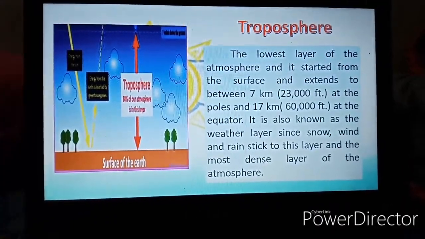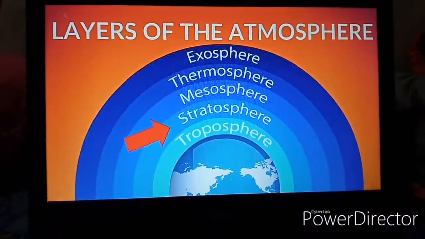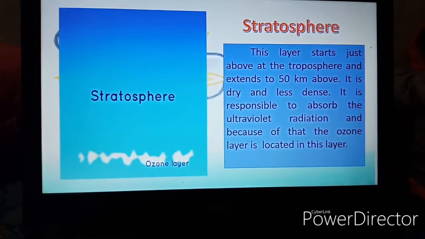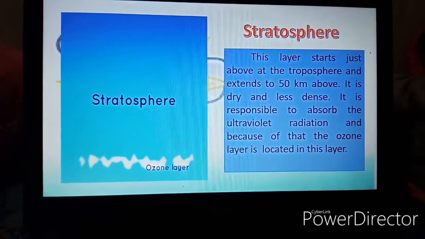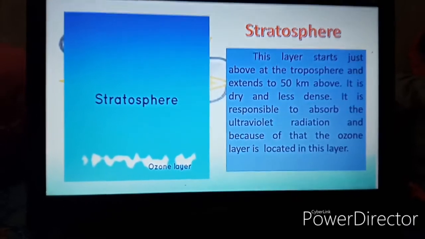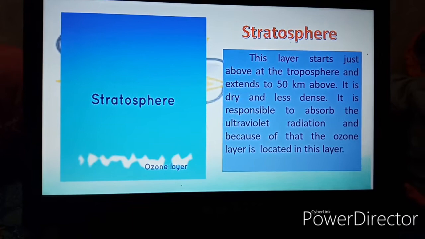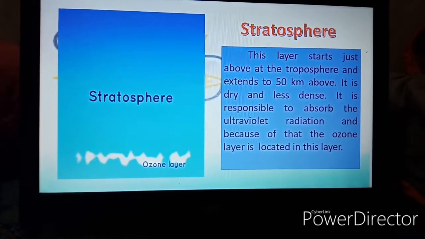Okay, the next layer of the atmosphere is the stratosphere. The stratosphere is the layer that starts just above the troposphere and extends to 50 kilometers above. It is dry and less dense.